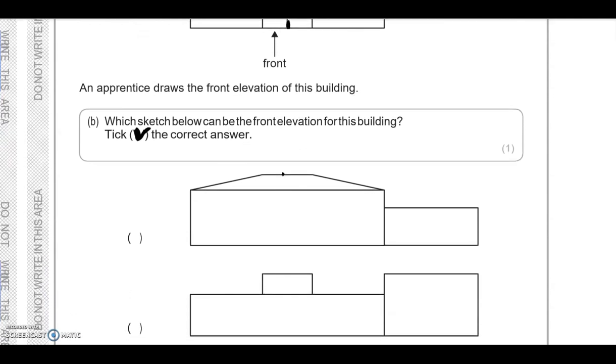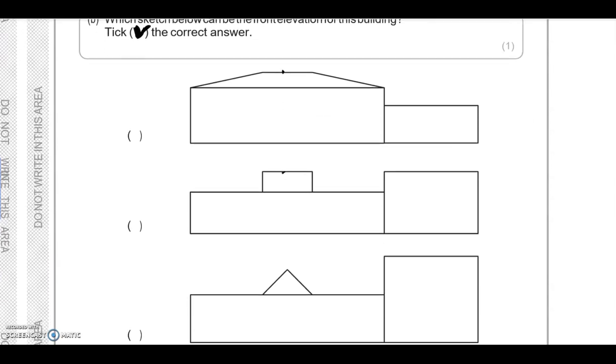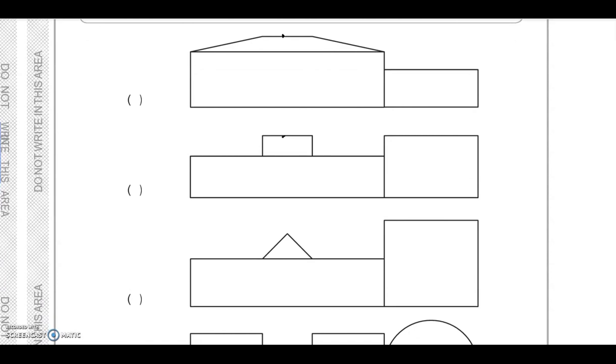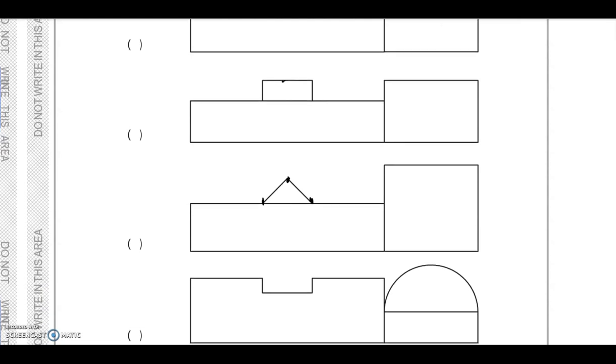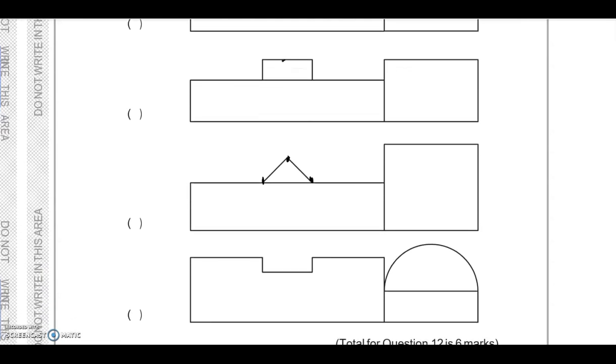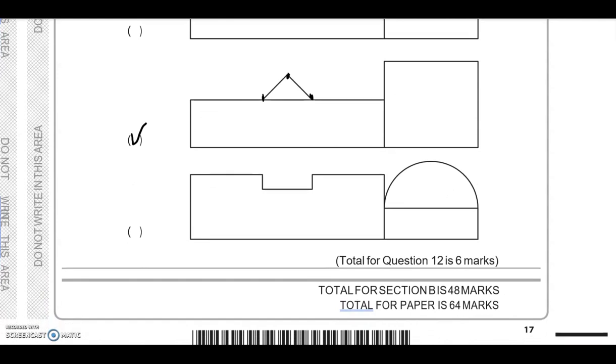Looking at option 2, same thing, we haven't got a split there, and it does look like option 3, because that's going to show as a split in the plan view, and that's definitely not number 4. So we're going for option 3, and this is the end of the paper.